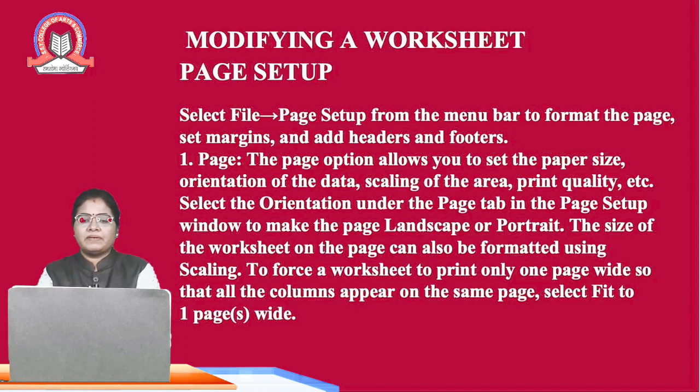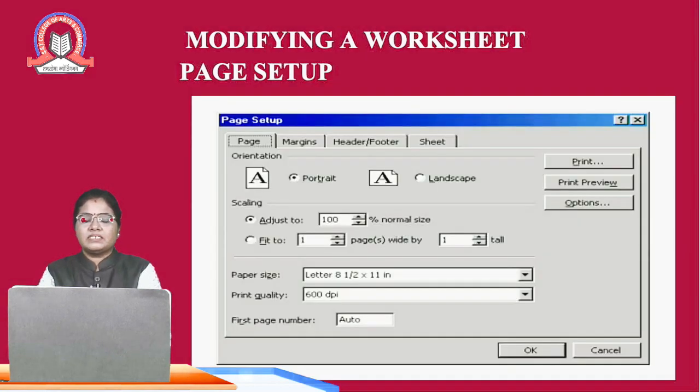Making the page landscape or portrait is also possible. The size of the worksheet on the page can also be formatted using scaling. To force a worksheet to print only one page wide so that all the columns appear on the same page, this is also possible using fit to one page wide. So this is the page tab of the dialog box of page setup.